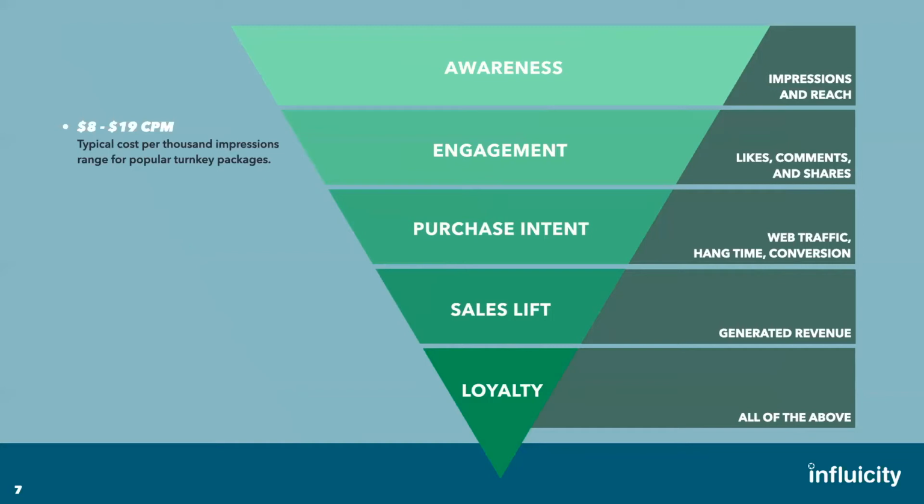So in terms of a CPM that we can apply to awareness, so in other words, if we generate awareness, what is that worth? We typically look at an $8 to a $19 CPM. And what that means is through a combination of organic and paid influencer content, we are trying to get to a CPM, cost per thousand, of, at the low end, $8 and at the high end, $19.